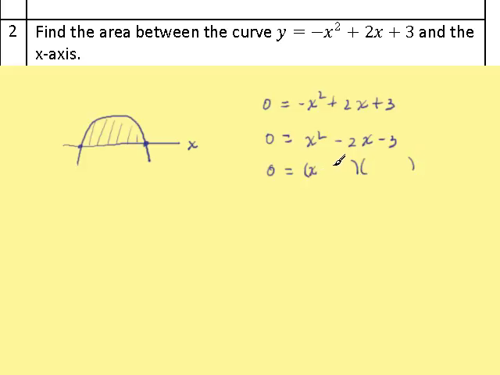And here we have x minus 3, x plus 1. So the intersection points are 3 and minus 1. So to get this area, we're going to integrate from minus 1 to 3, minus x squared plus 2x plus 3.